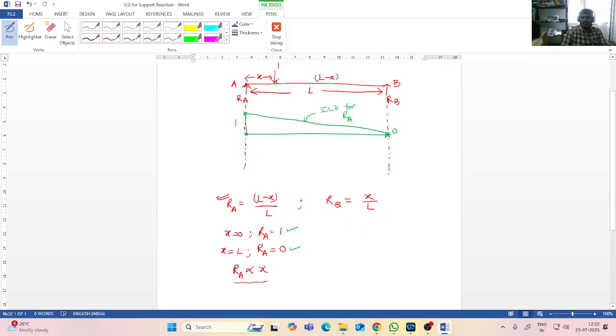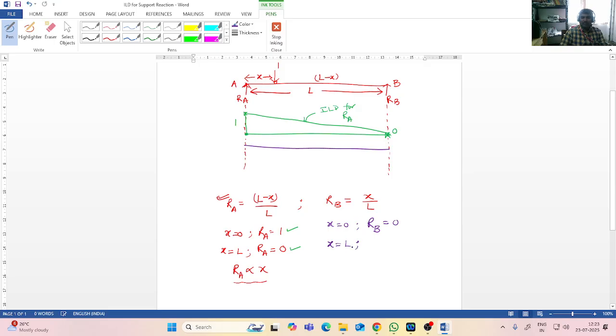Similarly, plotting RB values. This is a reference line. Now coming to the values, when x is 0, that means when the unit load is at A, the reaction at B is equal to 0. When the load is on support A, the reaction at B will be 0 because x is equal to 0.